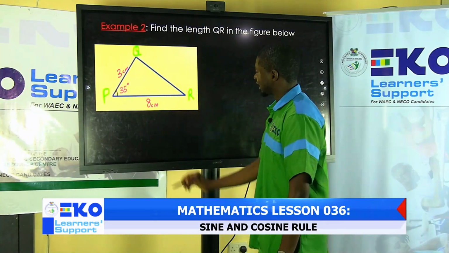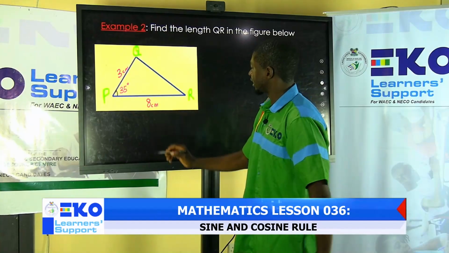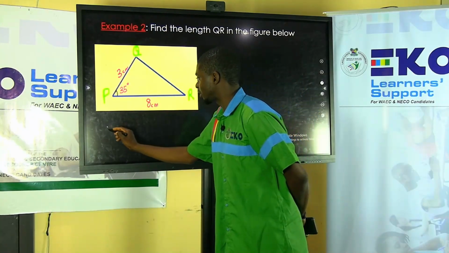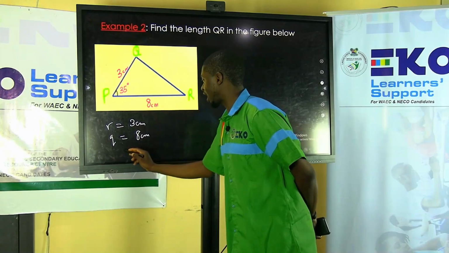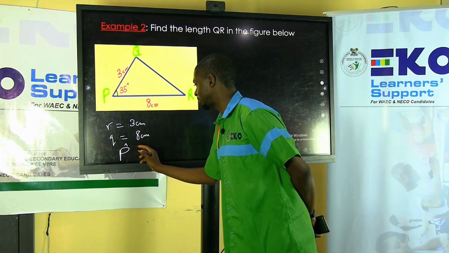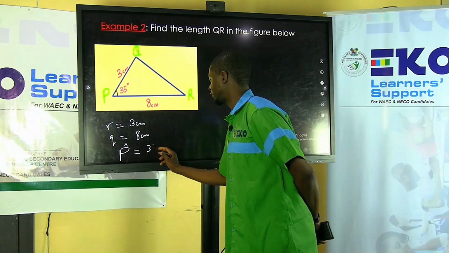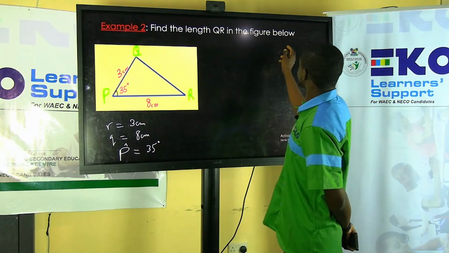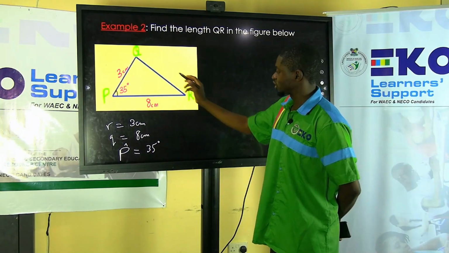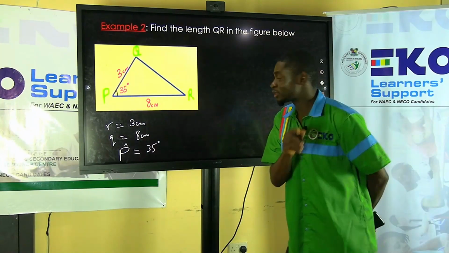So looking at this now, let's write out what we have. The side R, right? The daughter, which is 3 centimeters. We have Q, which is 8 centimeters. And we have angle P, that's the big P, which is 35 degrees. So we are interested in QR. QR is small p. Remember how we write it?